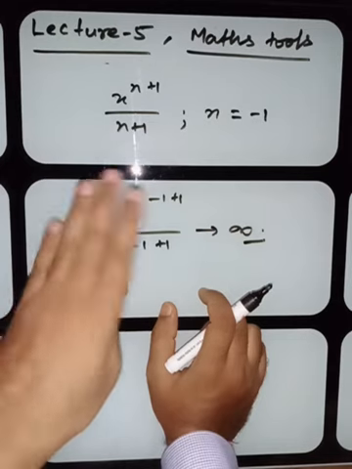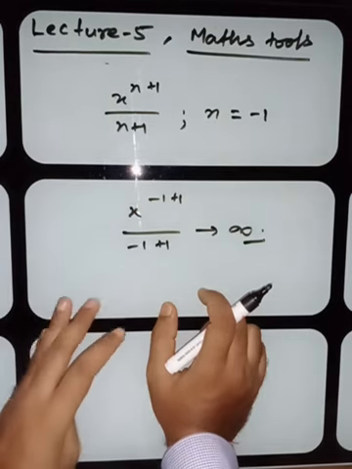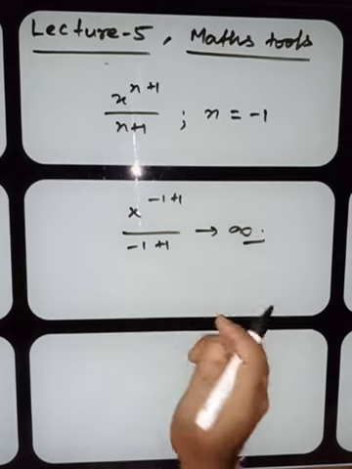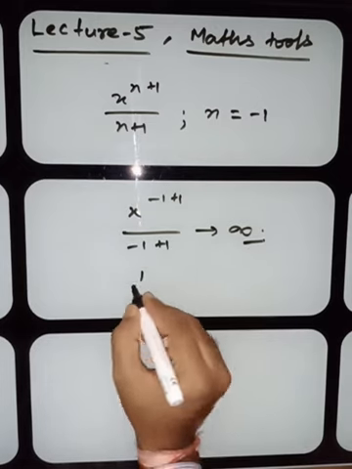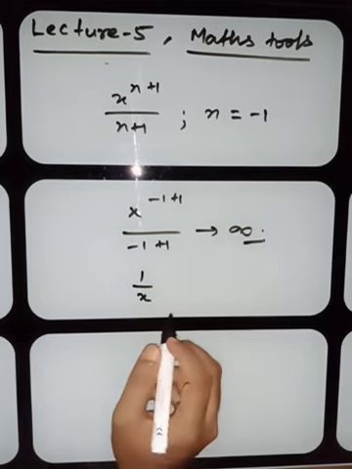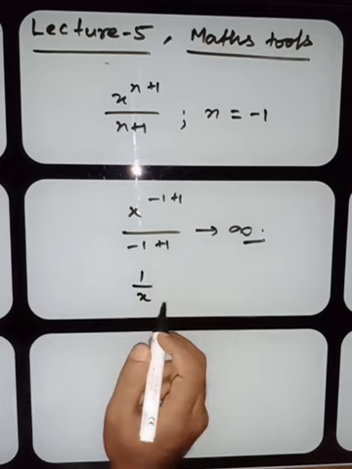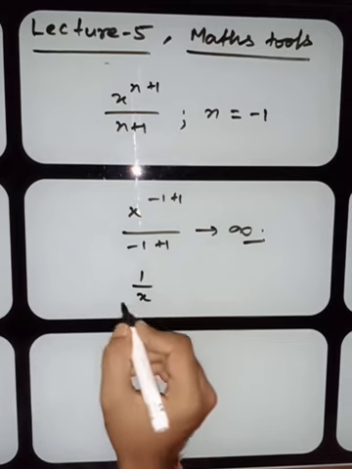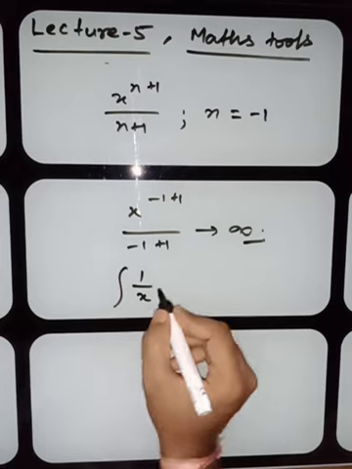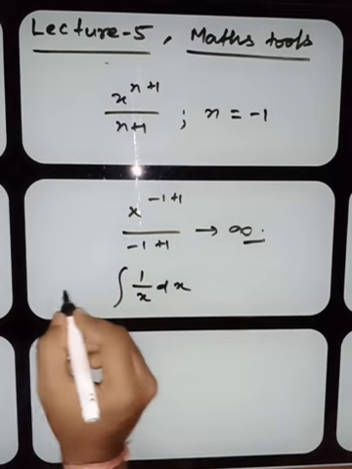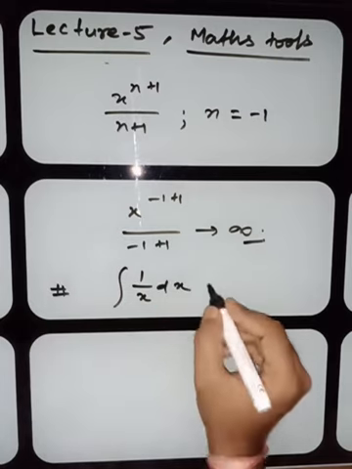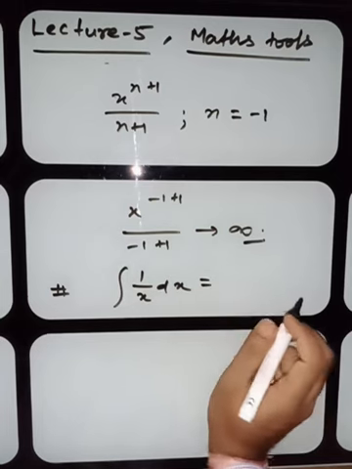In integration, we cannot take any function in this form. It means you cannot integrate 1 by x with this formula. So we have a separate formula for this one, integral of 1 by x dx. This is the formula itself, my dear students. Alright, so try to remember.